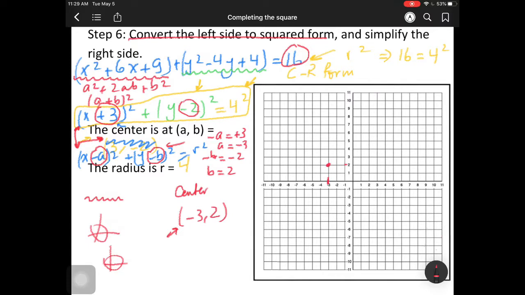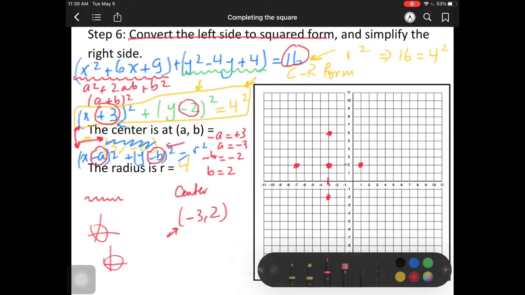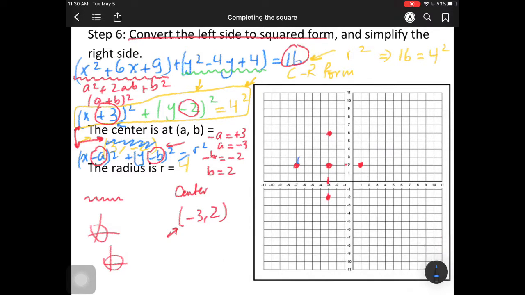So this is the center. And the radius is 4. So I need to go up 1, 2, 3, 4 units. Go to the right 1, 2, 3, 4 units. Go to the left 1, 2, 3, 4 units. Go down 1, 2, 3, 4 units. And my circle would look something like this.